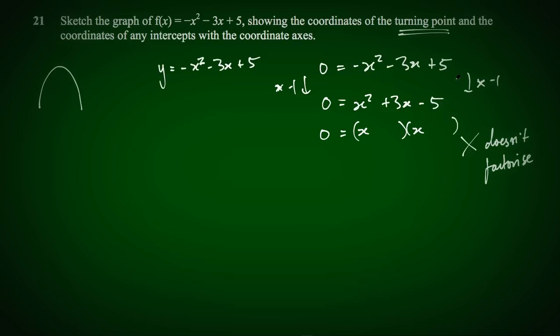So instead of that, I'm going to use the completing the square method. I'm going to take the minus sign outside the whole thing and have it as minus (x squared plus 3x minus 5). And I'm going to write that in completed square form.